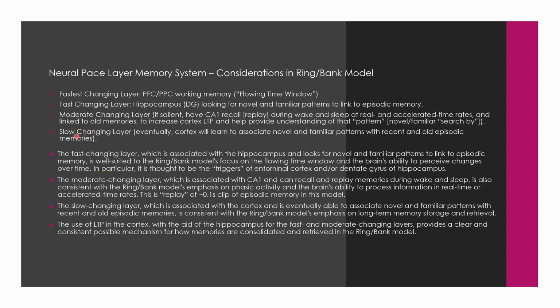Once the hippocampus takes 1 month of training in it, and it pulls out all the particular things that you learned in that month of life, whatever it thought most salient, whatever it encountered the most, or thought is most important, it's going to teach the cortex through dreams and through replay and acceleration and linking of an abstract concept to old memories that share that abstract concept somewhat. So that's how I would kind of look at this neural pace layer memory system.